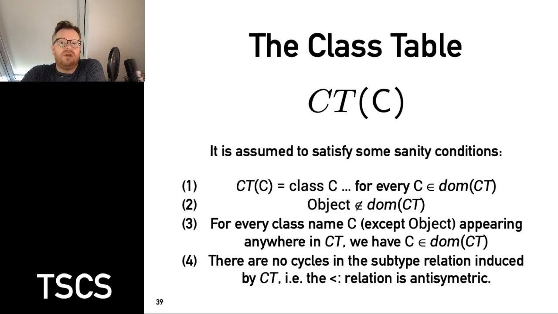So first of all, you have a class definition for every class in your table. And Object is not in the definition set of the class table, and for every class name C except Object appearing anywhere in the class table, we have a definition.